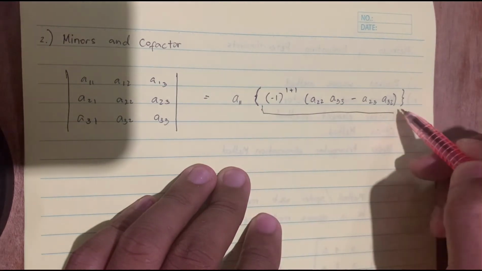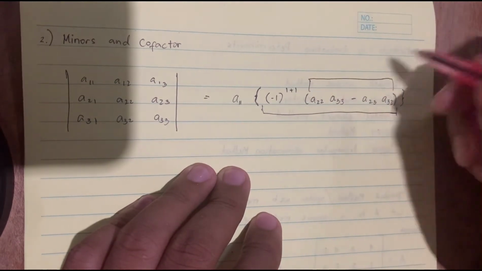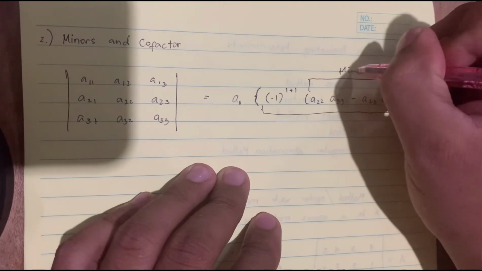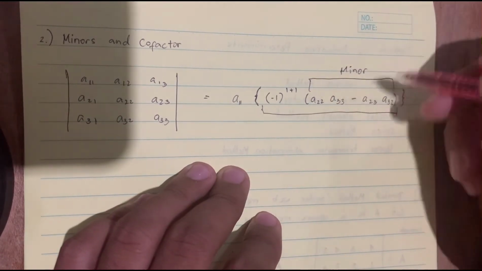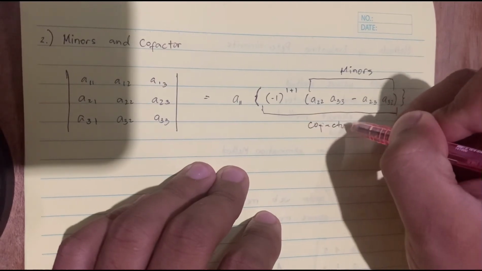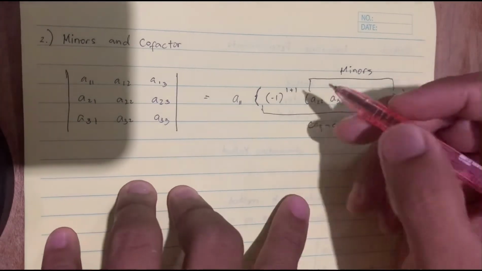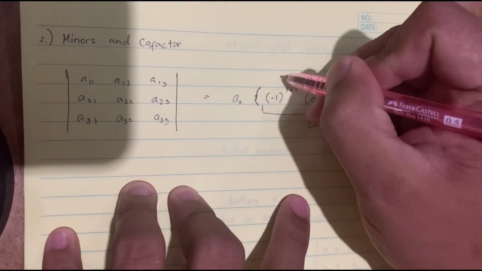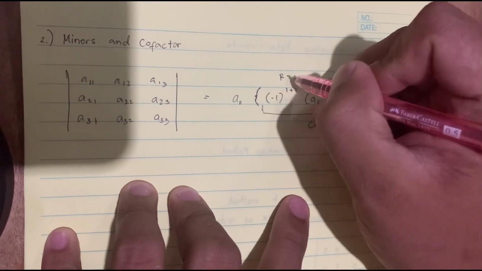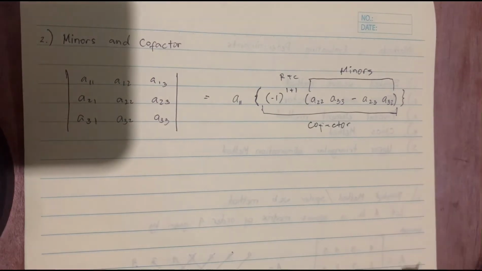Cofactor ng A11 at ito ang minor ng A11. Cofactor. Ito is the rows and columns. 1 plus 1 is equal to rows and columns.